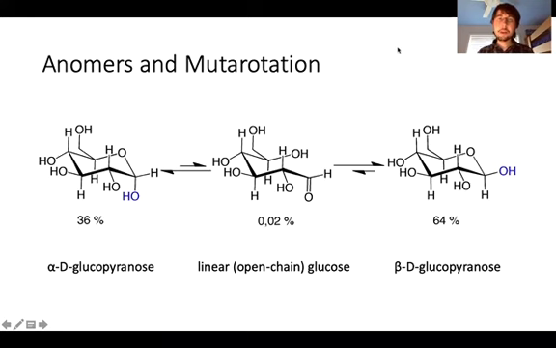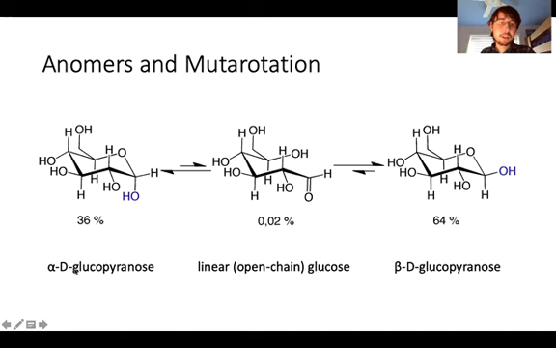So I wanted to talk about the phenomenon of mutarotation and the anomers that result. So glucose, when it's in solution, can exist in two primary forms. So the cyclic form of glucose, which is a six-membered ring, and sugars with six-membered rings are called pyranoses.